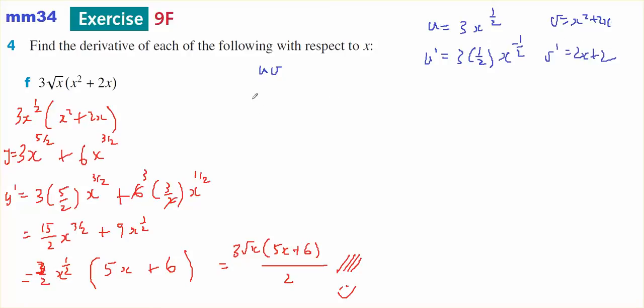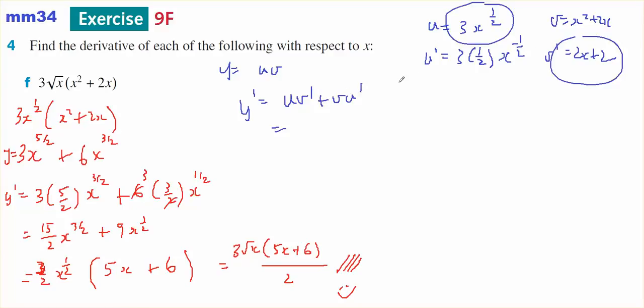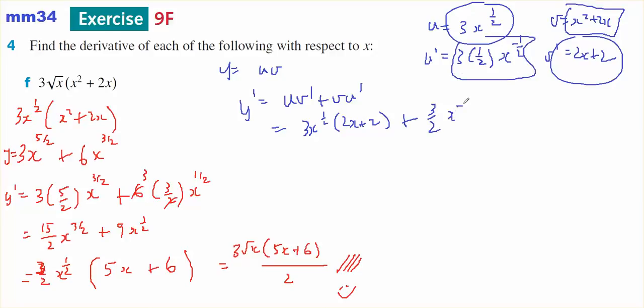And the derivative, so if this is y equals, then y dash will equal u v dash plus v u dash. So u v dash, so 3x to the half times 2x plus 2, plus 3 on 2 x to the negative a half times x squared plus 2x.